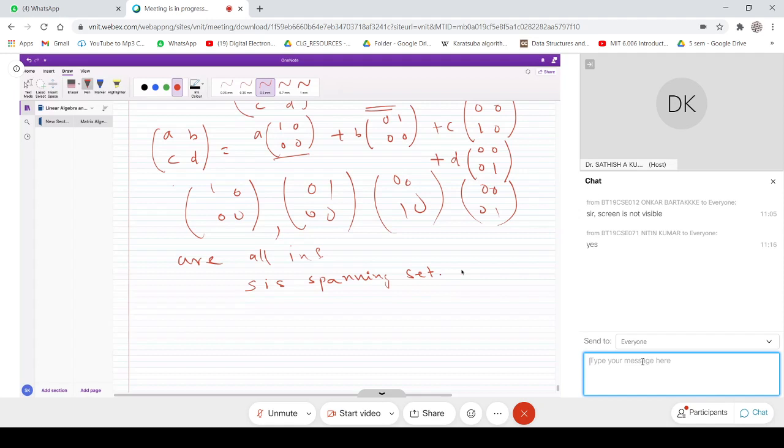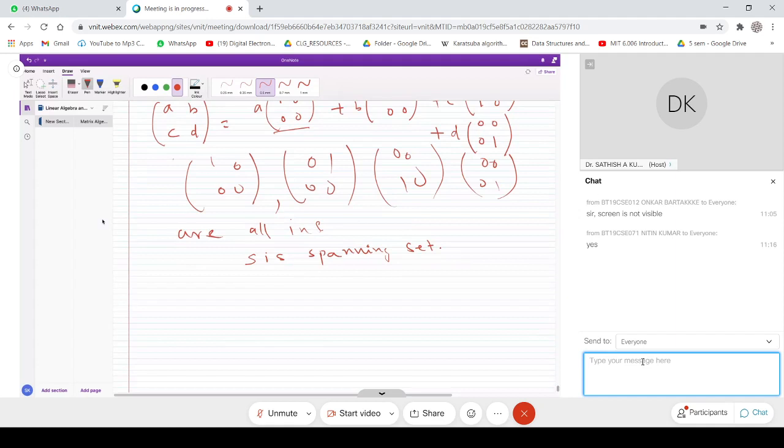Now we'll define further something called, as I told you earlier, a basis. Now we are going to define basis.